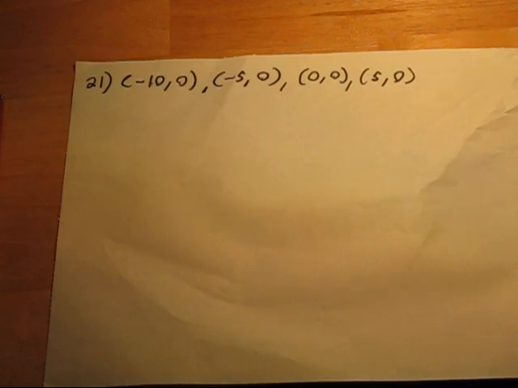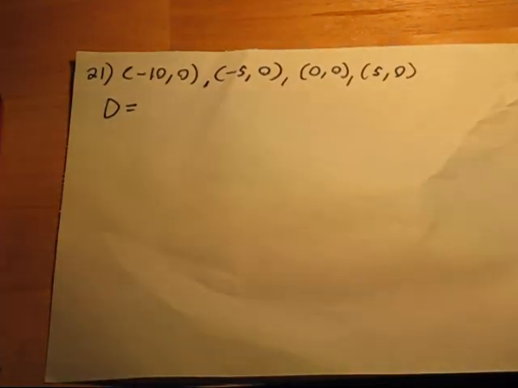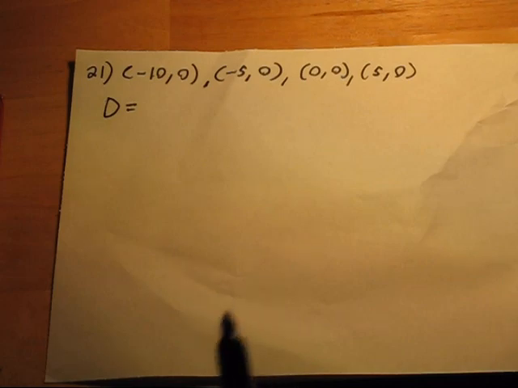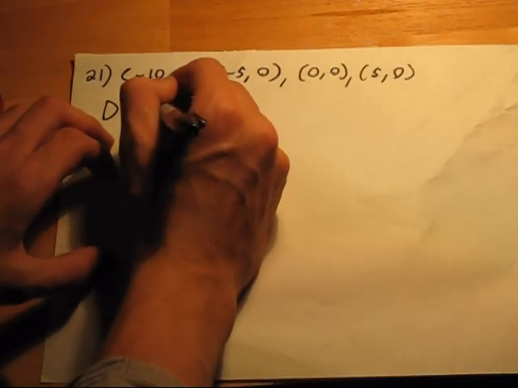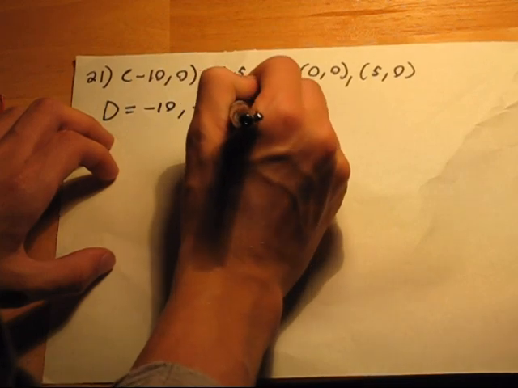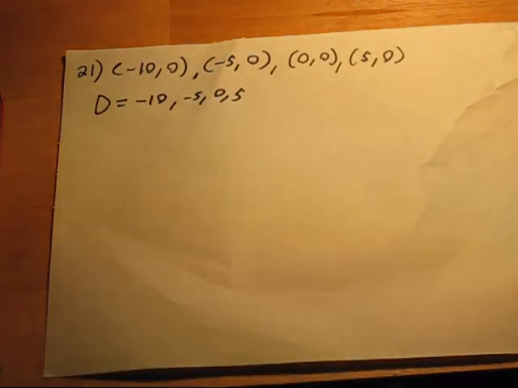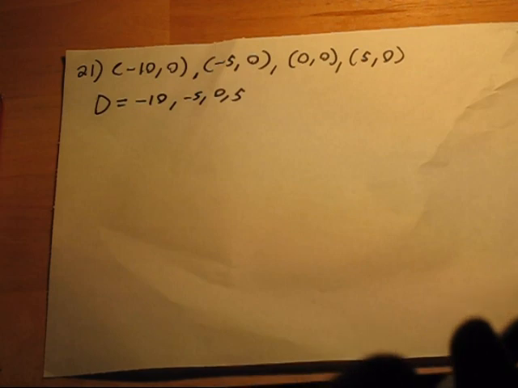Now for the domain and range. So your domain is just going to be all of your x values. So it's going to be -10, -5, 0, and 5. Now the reason why the domain isn't -10 through 5 is because there's no points classified through there.